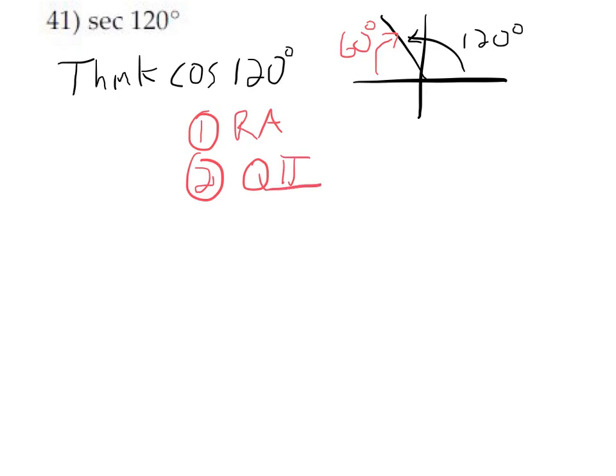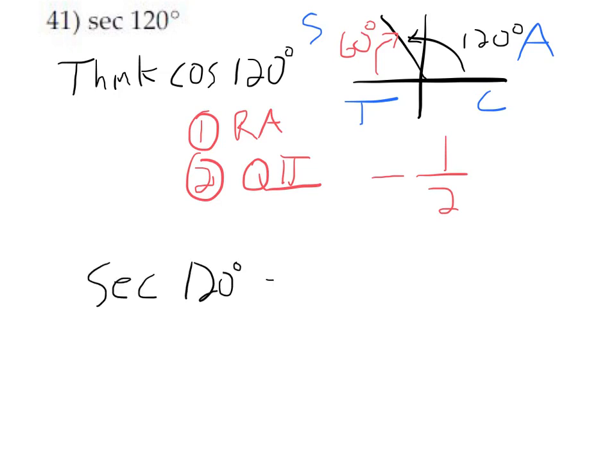This gives me the reference angle of 60. Cosine of 60 is 1/2. Quadrant 2, cosine is negative because of all students take calculus. Sine's the only positive one in quadrant 2. So we get cosine of 120 is negative 1/2. So now we can get secant of 120 is, flip that, negative 2 over 1, or just negative 2.